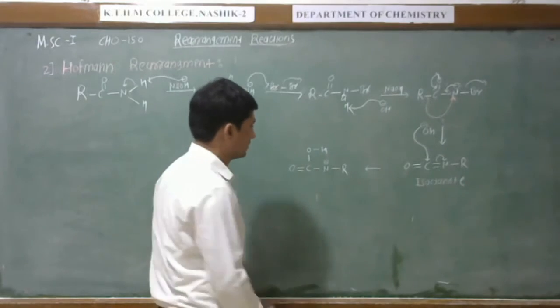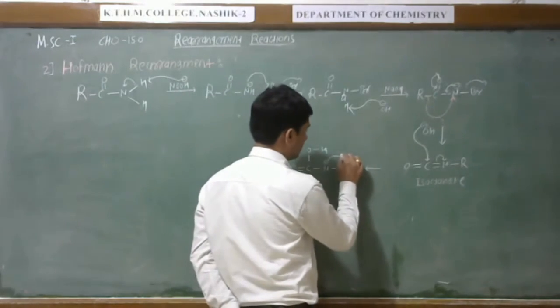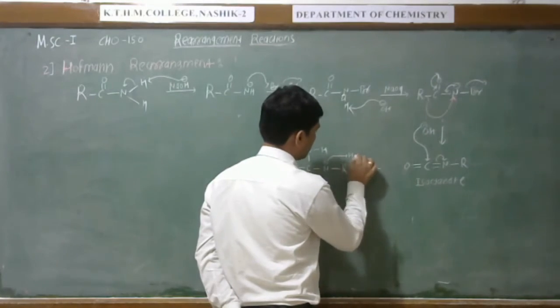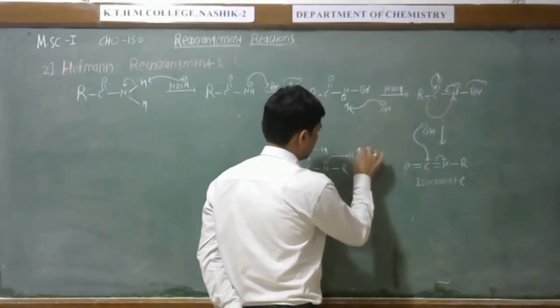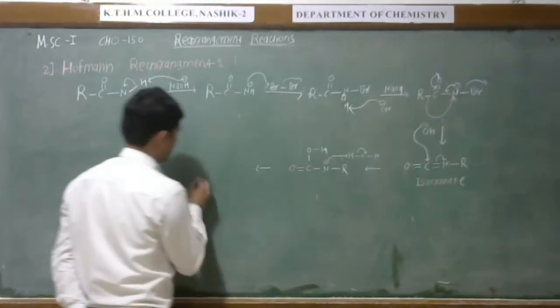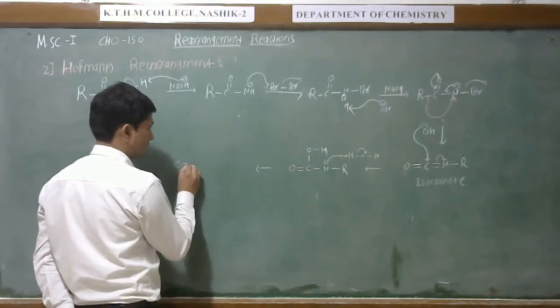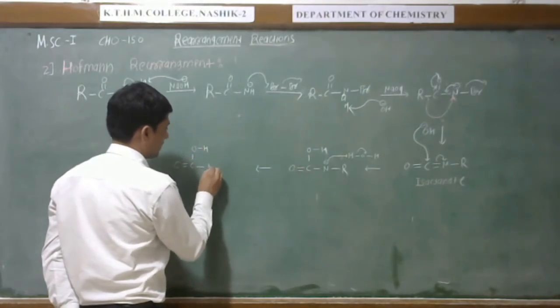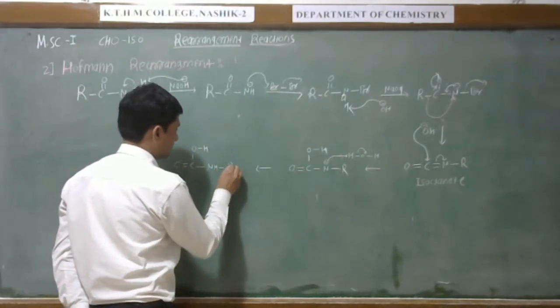This nitrogen will take the proton from this water molecule, and again this OH will be removed, and we get oxygen with double bond carbon, this is OH here, this is NH here, and this is R here.